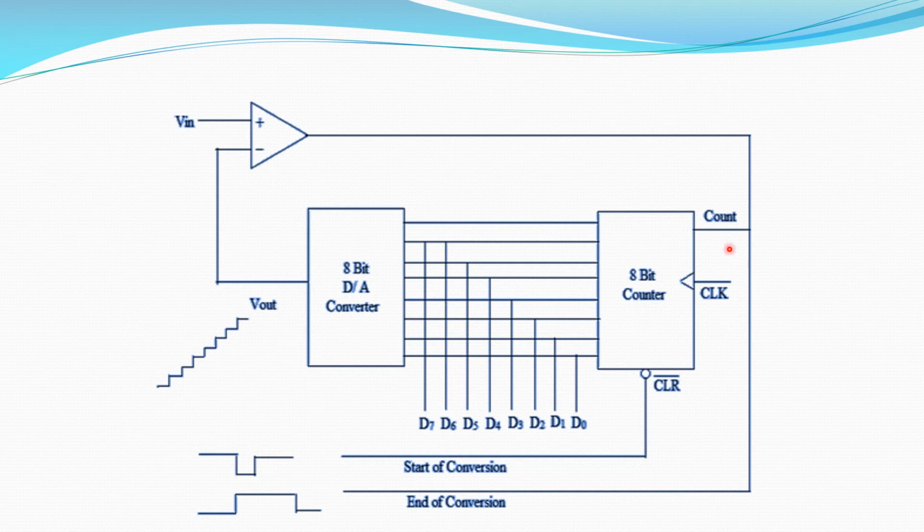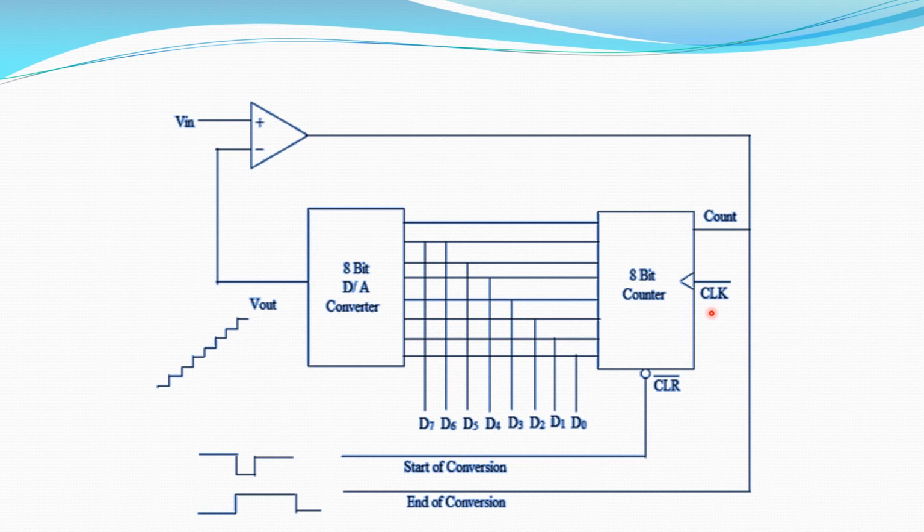When count is 1, if the first positive edge of the clock arrives, this 8-bit counter will set its least significant bit output D0 to 1. All the other outputs, they are 0. Second positive edge of the clock arrives, it will set the output line D1 to 1 and all the other output lines to 0.